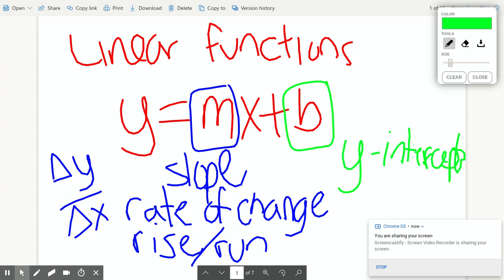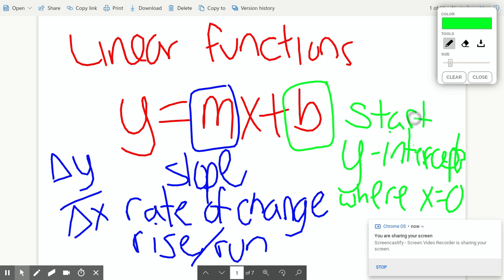So if you're looking at a table, it is where x equals 0. And if you're looking at a word problem, it's where you start. It's your starting value, where you begin. So some questions might involve word problems, and they give you a starting value or beginning value, and that is what's going to go in your b.